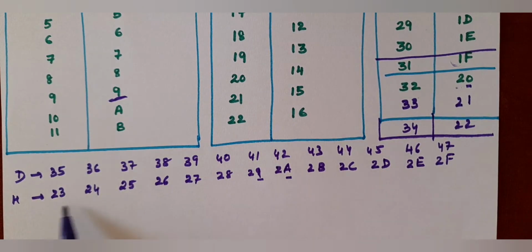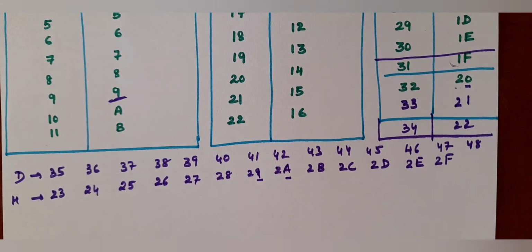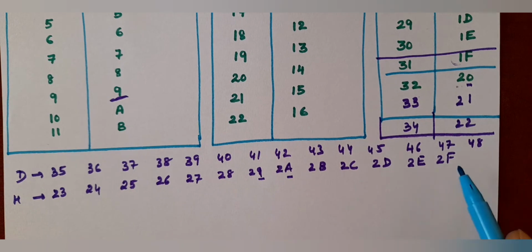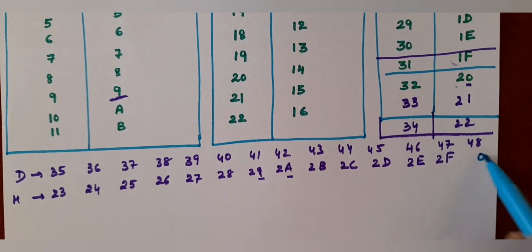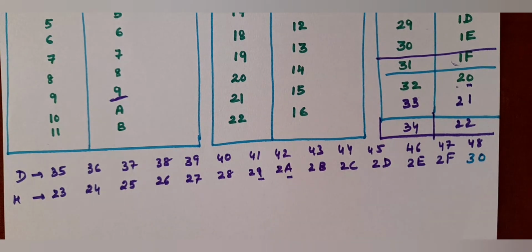So, it is the second series, from 0 to F you have written. What will be 48 now? 48 will be, after F you have to start again with 0 with a new series of 3. Okay. So, in this way you can go on writing the hexadecimal numbers for the given decimal numbers.